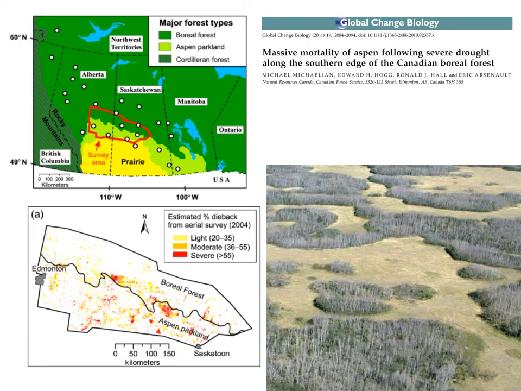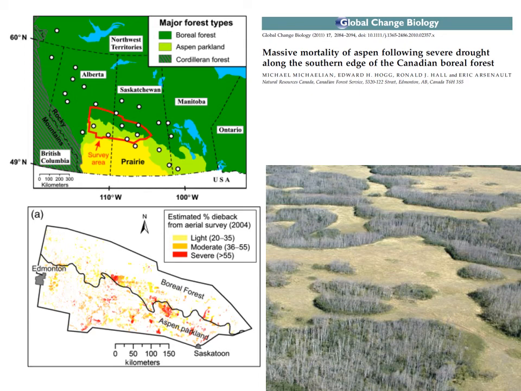If we look out west in Alberta and Saskatchewan, they've had some very severe droughts along the prairie forest border out there, and this picture shows an aspen forest at midsummer that has died from drought. So along some parts of the prairie forest border, we're already seeing the death of forests and the invasion or expansion of grasslands.